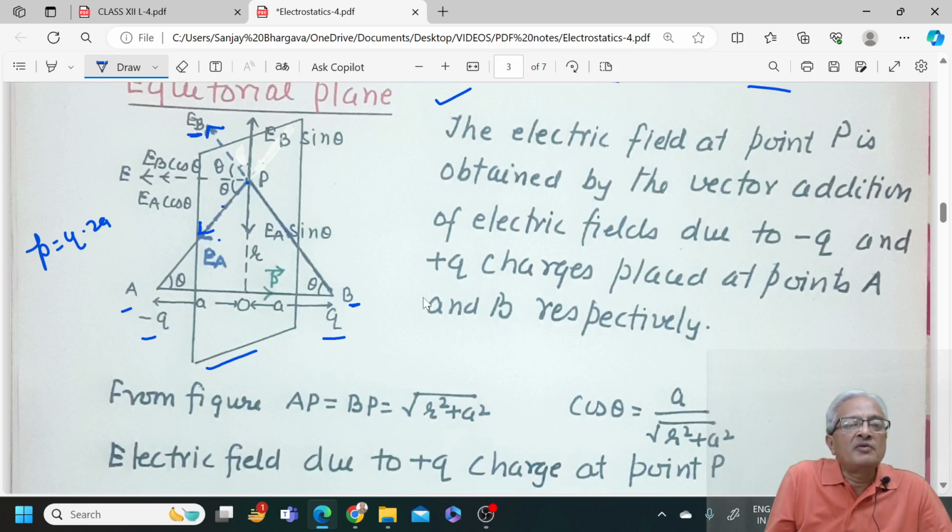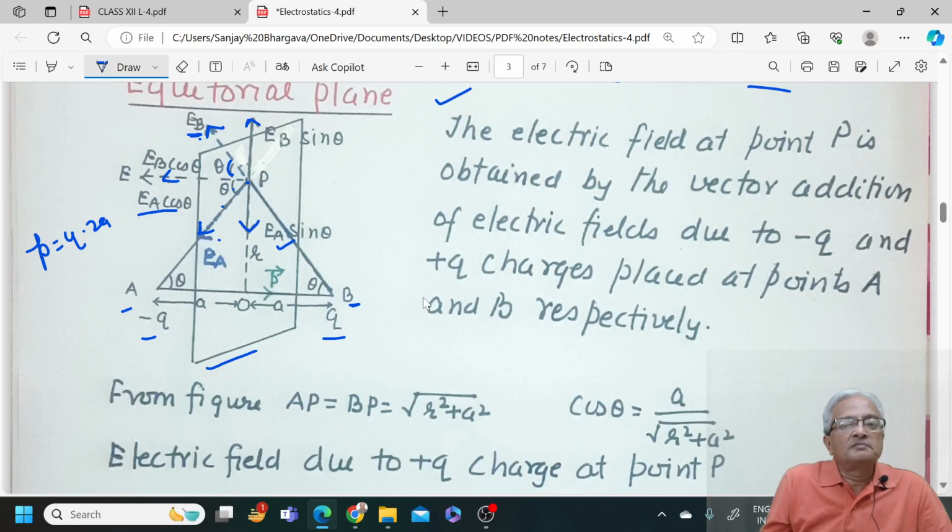So for EA, we have one component EA cos theta this way and another component EA sin theta. Since this angle is theta, this angle would also be theta. So we resolve EB into two components: one would be the cos component this way, another would be the sin component this way.